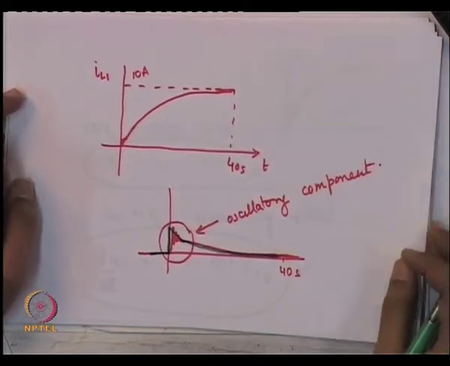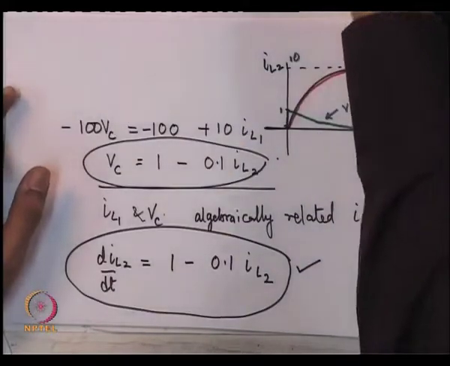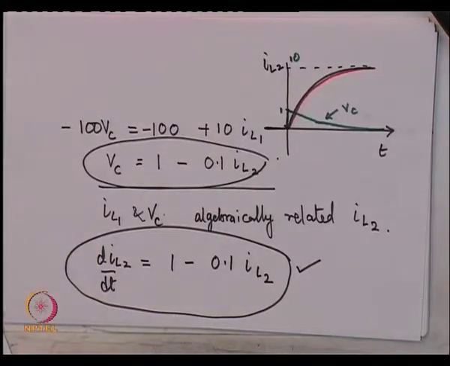So, the basic issue which I would like to point out here is that if you have got a system, please note carefully, if you have got a system in which there are fast and slow transients and your interest is in the slow transients, then you can get the slow transient behavior roughly correctly, you will get it almost correct if you assume the rate of change of the variables which you think are associated with the fast transients is set to 0.